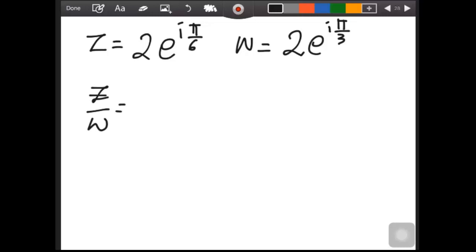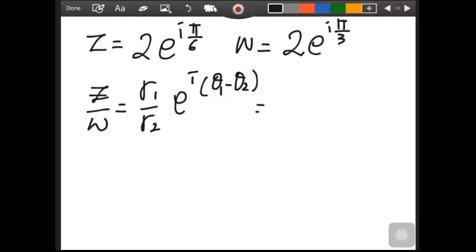So kita ada R1 over R2 exponential I theta 1 minus theta 2.